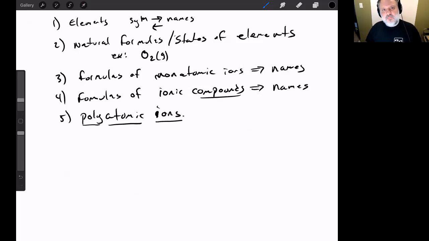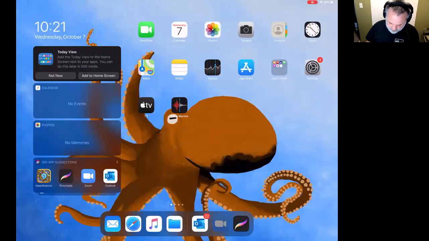Okay. I want to stop this because I want to jump right into the camera and be dramatic. If you don't get this part, you're going to miss so many points on the final exam. In a second, I'm going to tell you why it's important that you study this. When it comes to monatomic ions, you're going to have a periodic table.